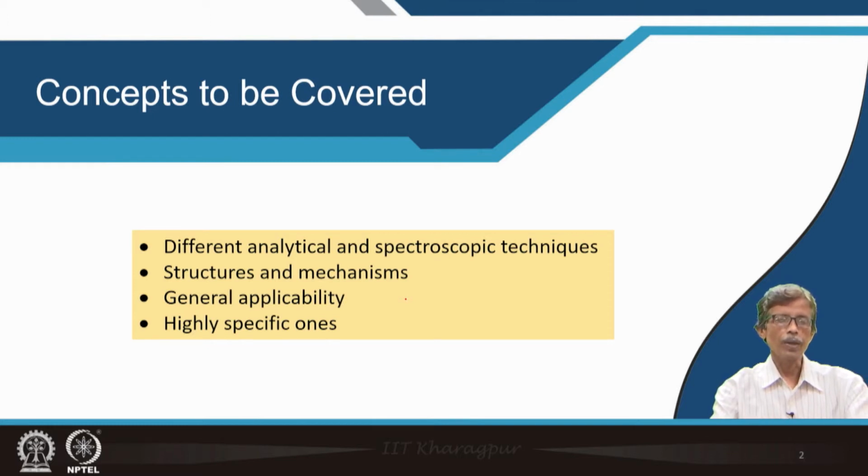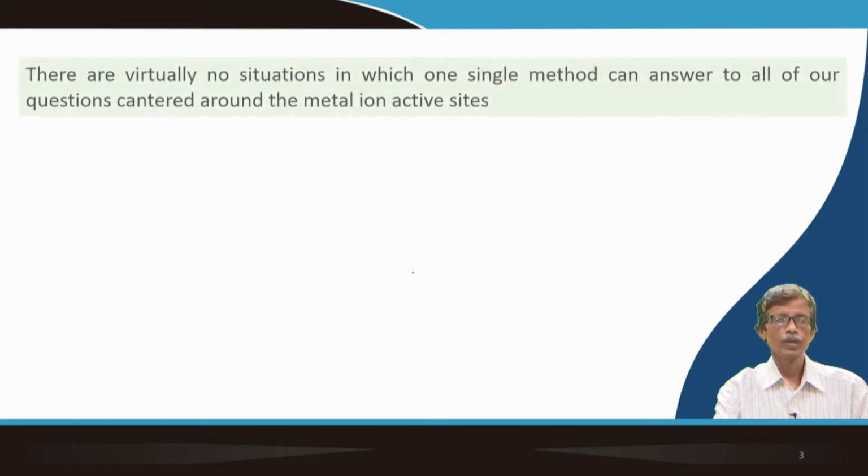Then we can apply those analytical methods for the determination of structures and the mechanism of a particular type of reaction, and their general applicability. We will see a few examples, not the very basic ones we know, but the high-end, highly specific ones, and how we can utilize them for this identification.